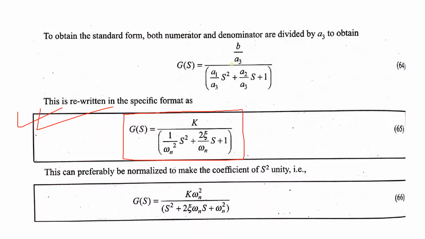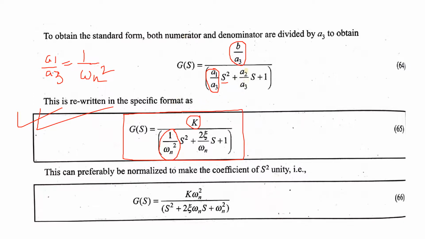This is the specific format of a second order transfer function, where Gs is equal to, in the numerator there will be some constant, you can see b by a3, so it is a constant K. Now s is associated with some constant a1 by a3, so we write this constant as 1 by omega n square. That means a1 by a3 is equal to 1 by omega n square.